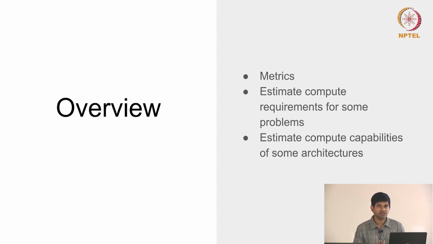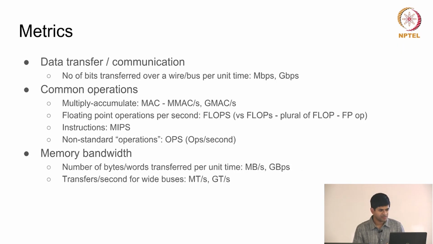After which we will look at a few different architectures that exist and again try and estimate what their computational capabilities are, just to get an idea of what fits with what. All right, to start with, a quick overview of metrics. It's just this one high level slide overview that I'm giving over here.